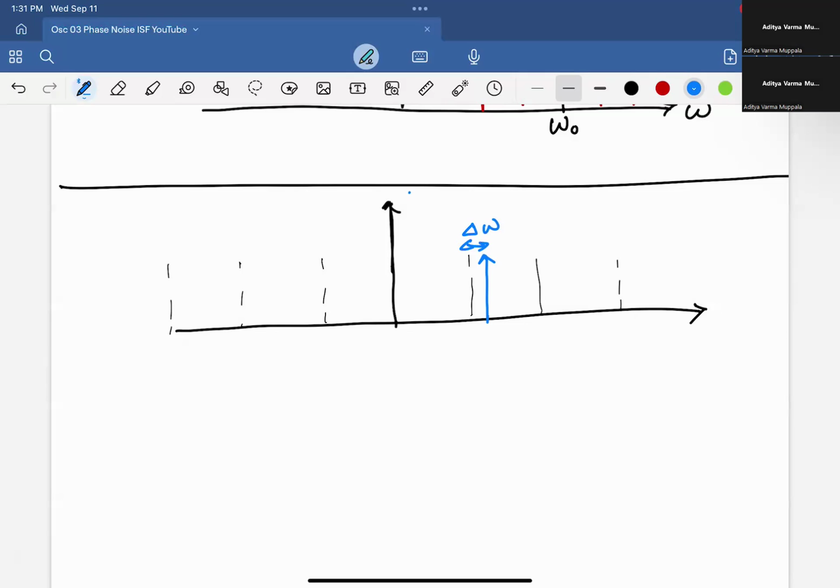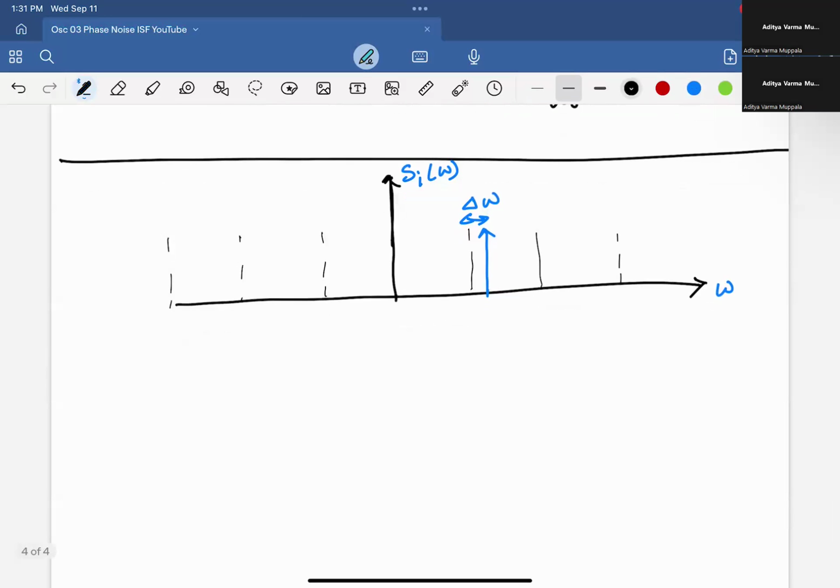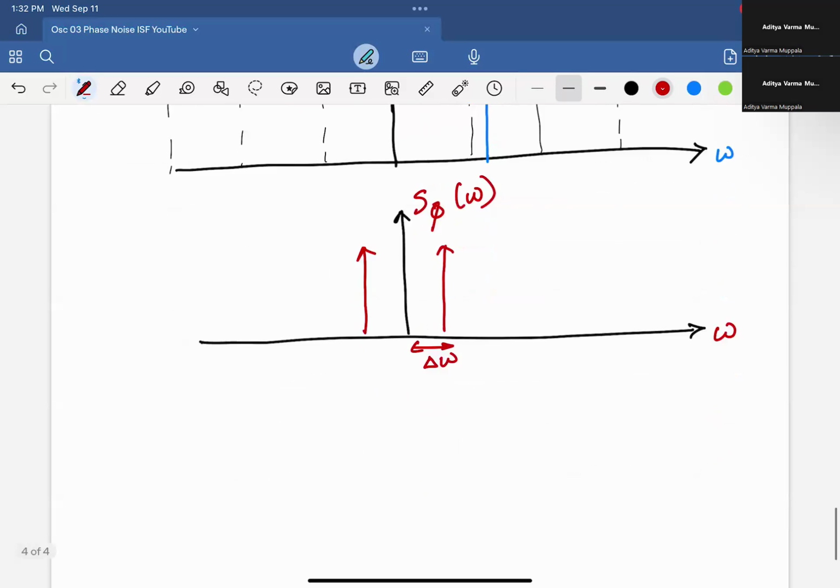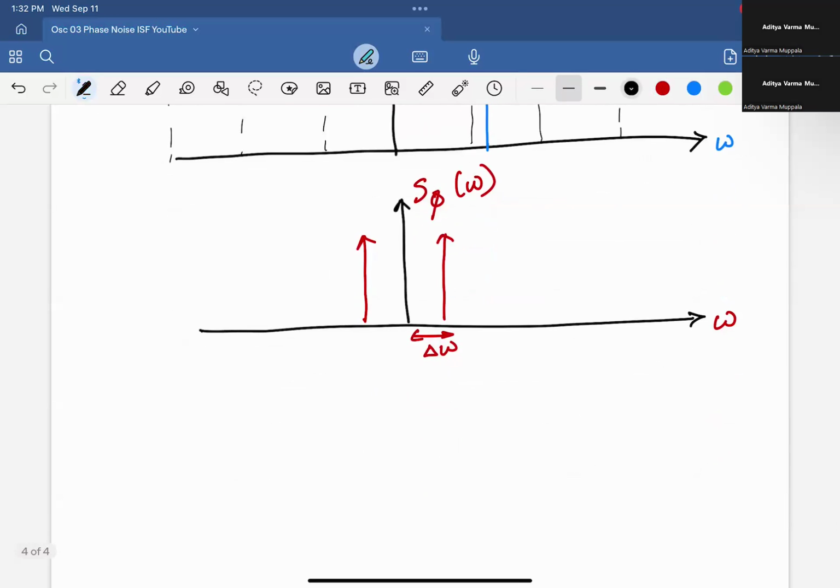So this is the current, injected current, omega, right? Then this gets modulated down from the first linear time varying process down to two tones around 0 in S_V of omega, right? And then finally that gets modulated up, I should say.